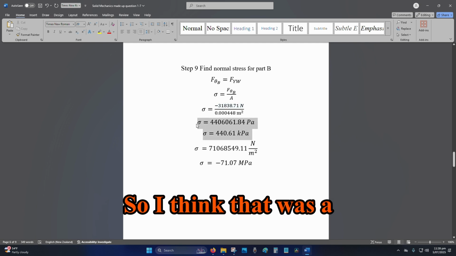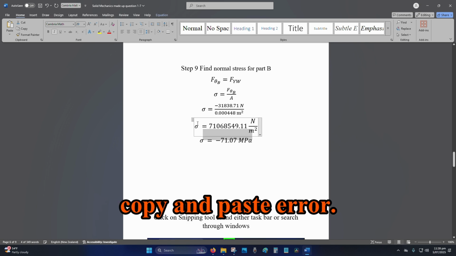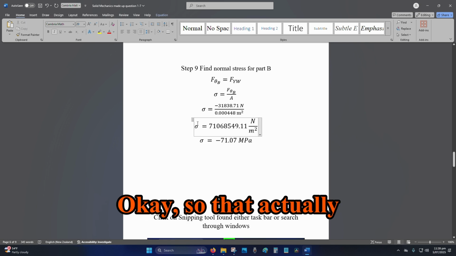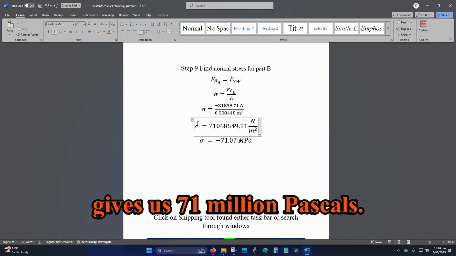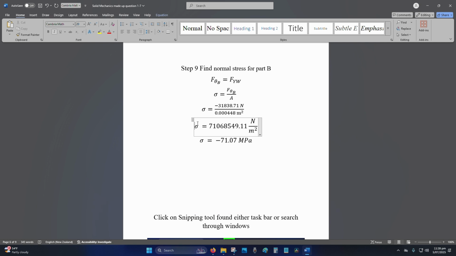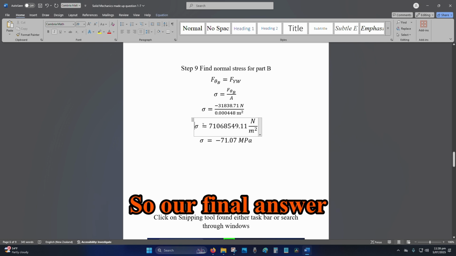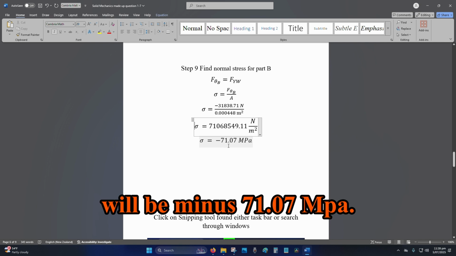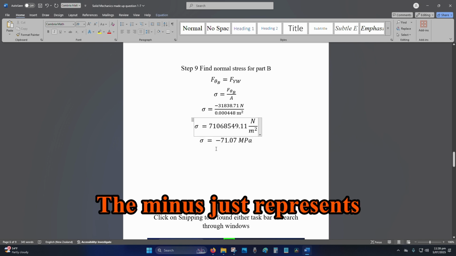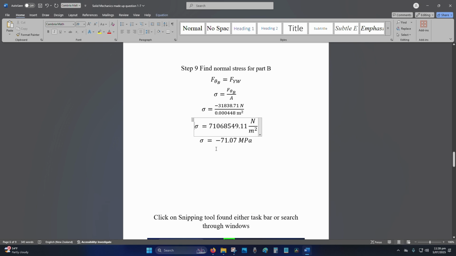So I think that was a copy and paste error. Okay, so that actually gives us 71 million pascals. So our final answer will be minus 71.07 MPa. The minus just represents that it is a compression average stress.